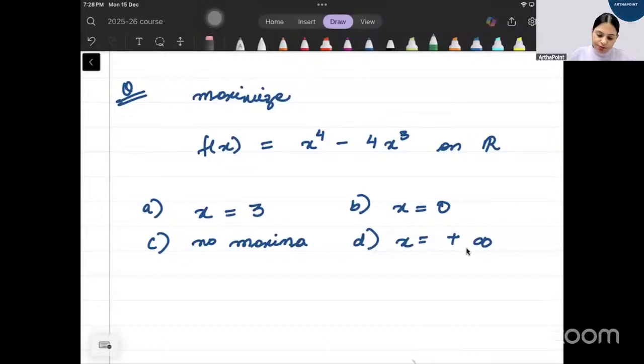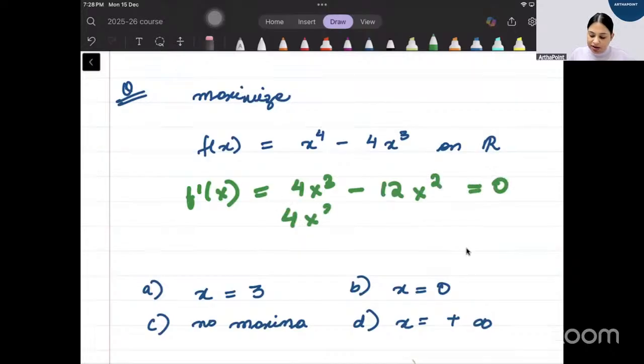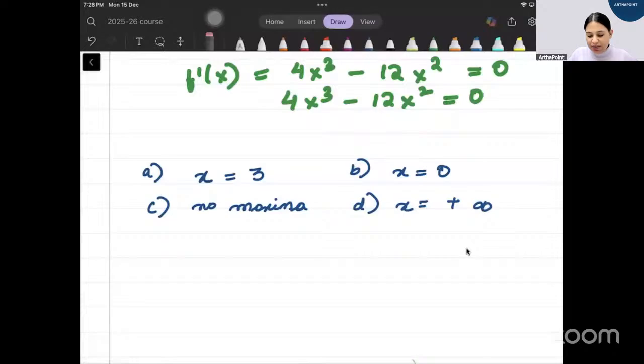So f dash x is equal to 4x cube minus 12x square, equated to 0. Minus 12x square equal to 0, I can take this common here. One thing here: many of you make a mistake.